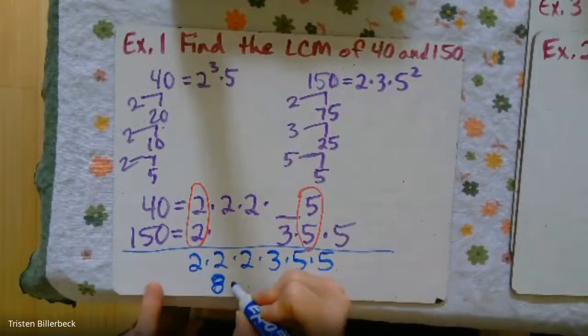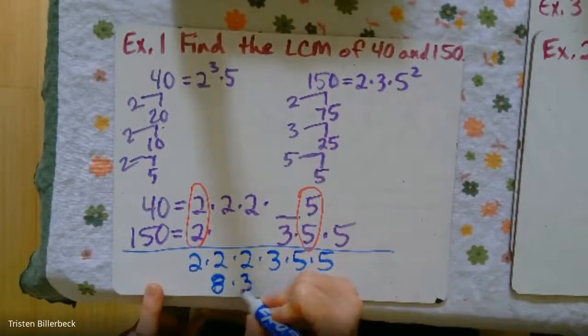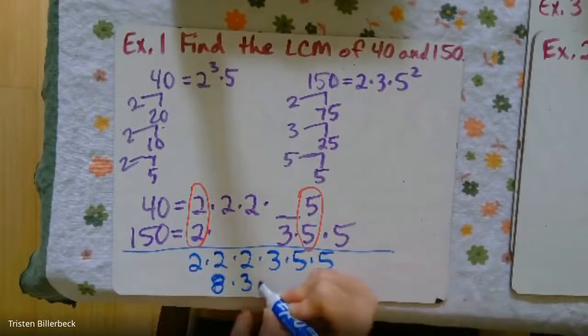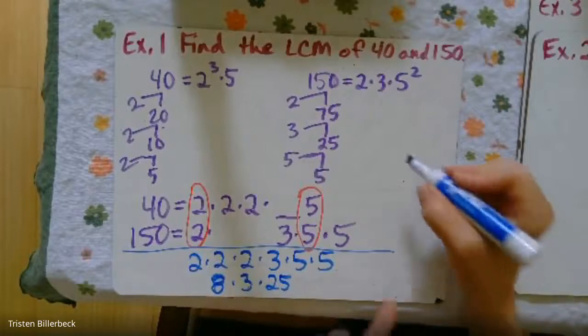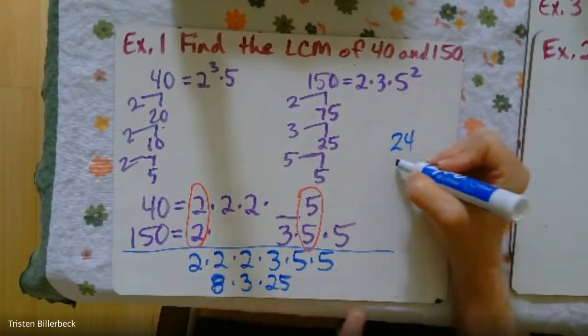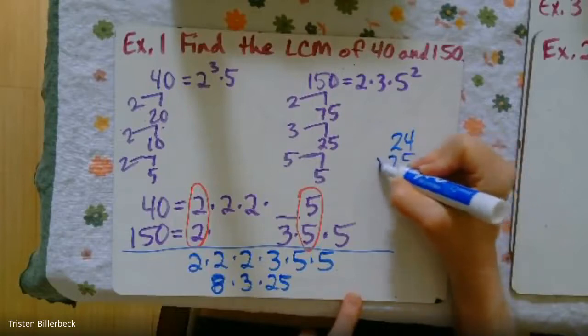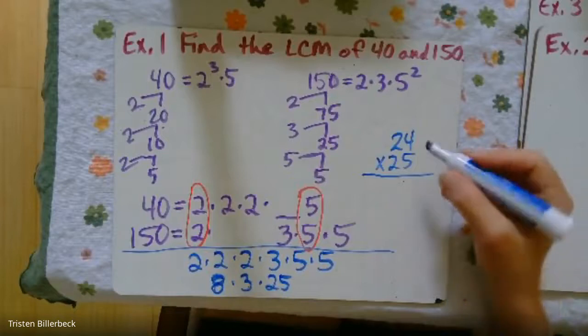Times 3 times 5, or let's do 8 times 3. And then 5 times 5 we know is 25. Okay, so 8 times 3 is 24, and then times 25. So let's see what our answer is for the least common multiple.